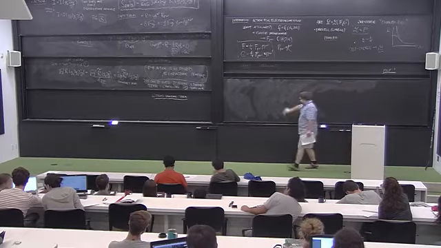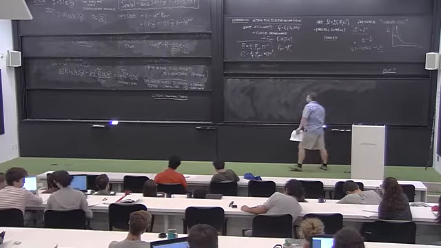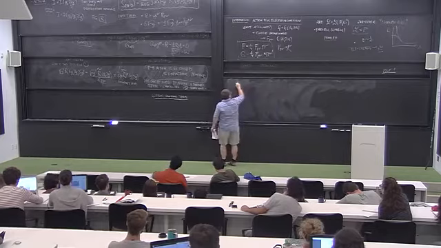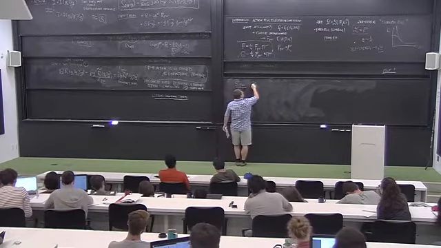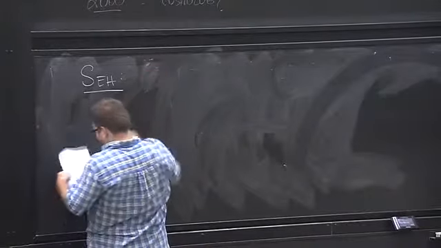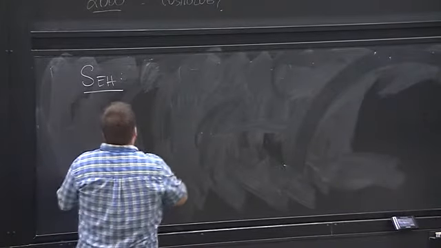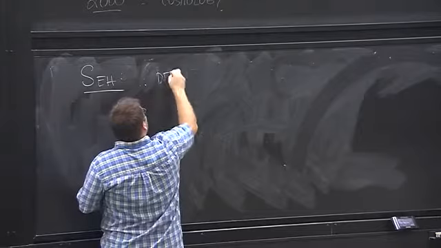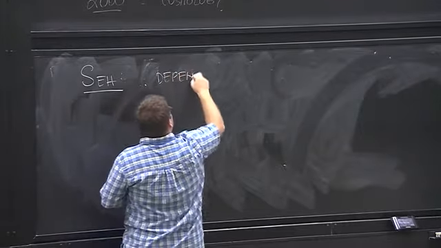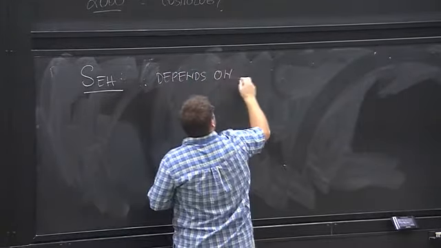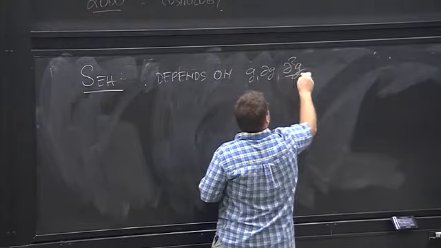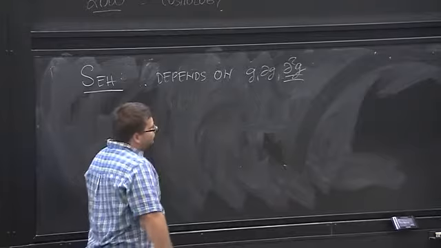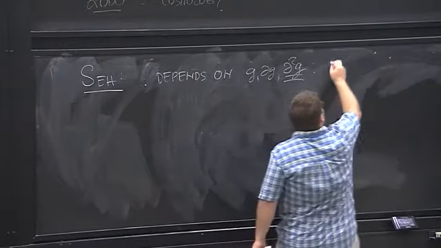So the Lagrangian depends on g, dg, and most importantly, d square of g.